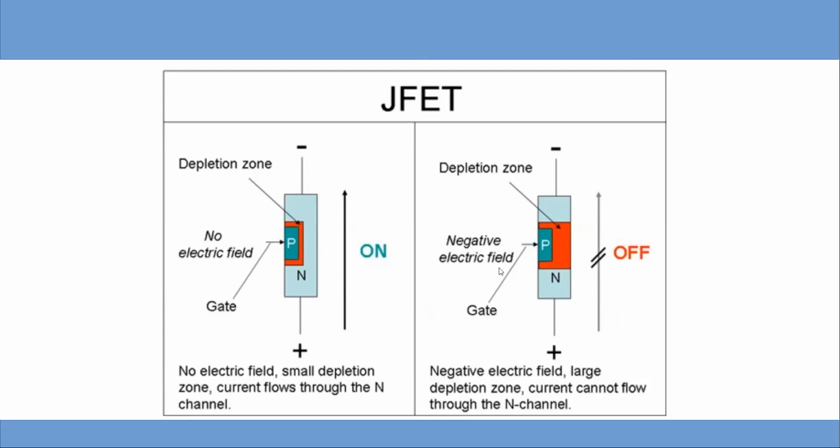When we apply a negative field, the depletion zone grows to the point where it cuts off conduction altogether. So that's how we use it as a switch or an amplifier. Like in the case of the bipolar transistor switch, we got cut off to saturation. You do the same kind of thing here. They don't call it cut off and saturation, but it's the same effect.